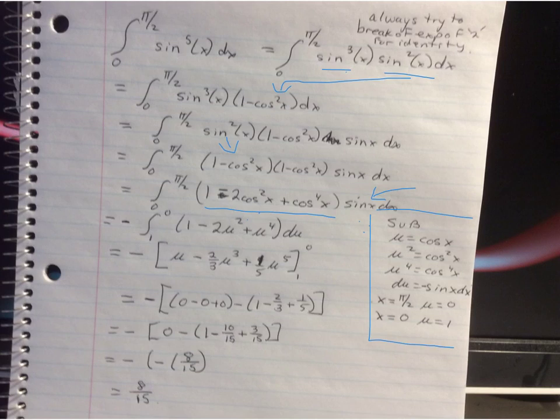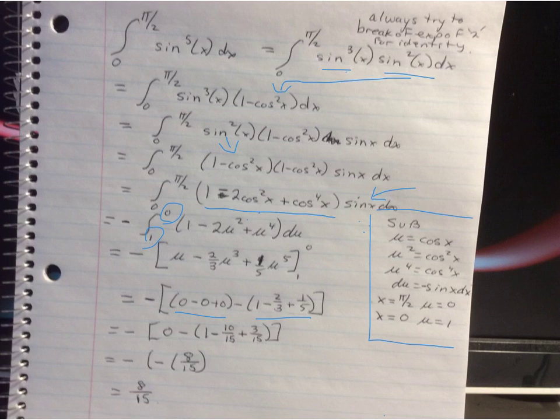And one thing to point out here is when you change your interval over from 0 to pi over 2, you'll notice that now the lower limit is 1 and the upper is 0. So there's two ways to handle that. You can just leave it like that and you end up substituting in 0 first and then the 1.